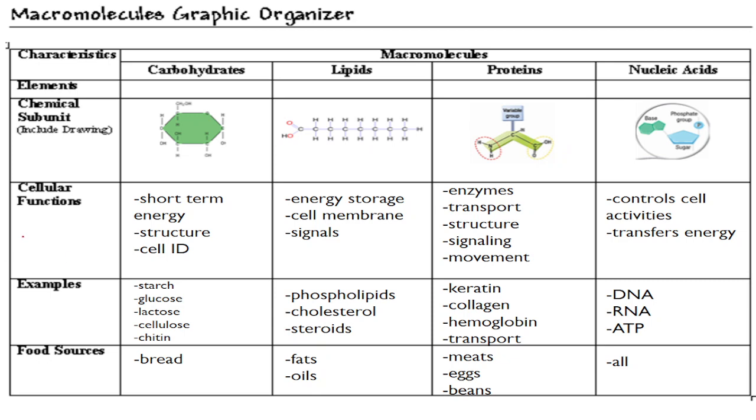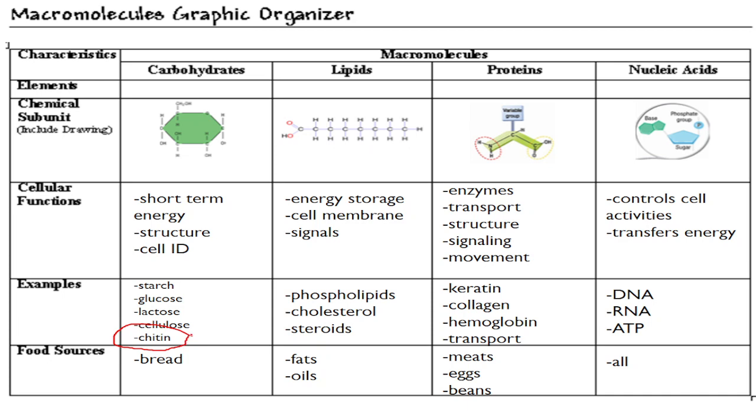Okay, so cellular functions of carbohydrates: short-term energy, structure, cell ID. For lipids: energy storage, cell membrane, and then signals. Examples of carbohydrates: starch, glucose, lactose, cellulose, and then chitin. Yung chitin, exoskeleton.